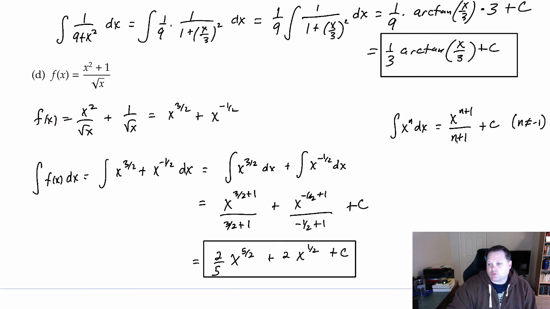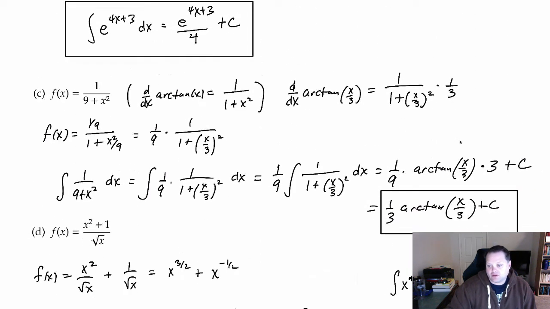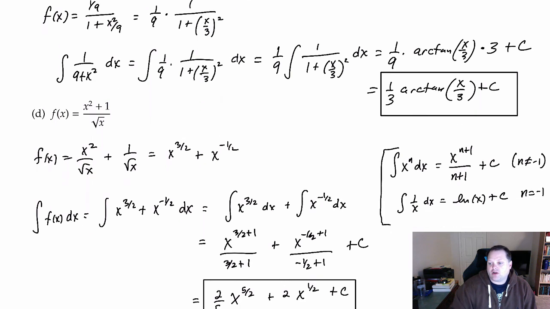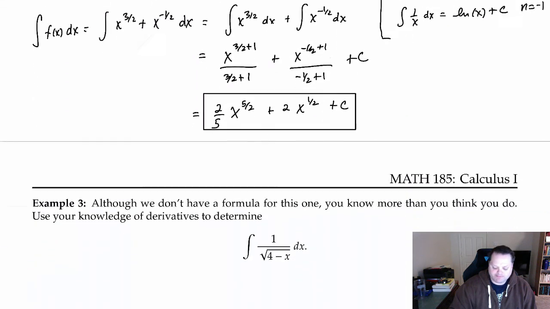If n is negative 1, we've got that covered. Negative 1 would be the integral of 1 over x, and we know from our derivative-antiderivative pairs that is natural log. So if n is negative 1, you use that formula instead. So this takes care of all powers of x, including roots, just fine.